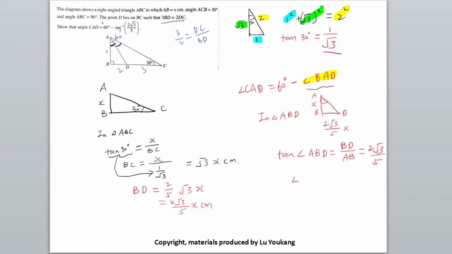So angle BAD. So you can see I am editing my mistake now. So angle BAD equals tan to the power of -1 of 2 square root 3 over 5. So I'm labeling in the diagram so that you can see clearly which one is my adjacent, which one is my opposite.